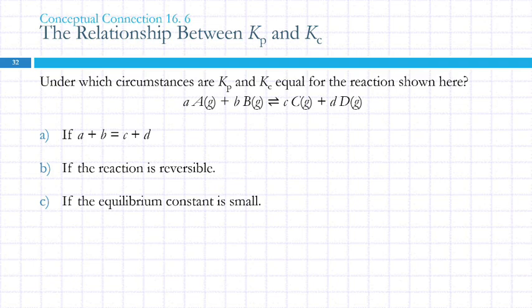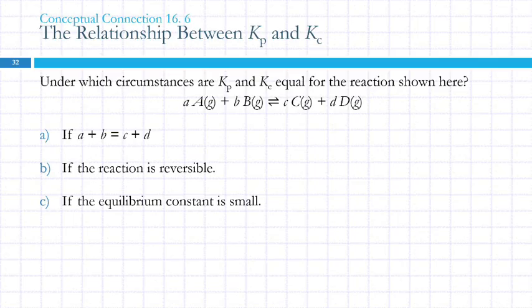Okay. Under what circumstances are Kp and Kc equal for this reaction? If A plus B equals C plus D, if the reaction is reversible, or if the equilibrium constant is small.